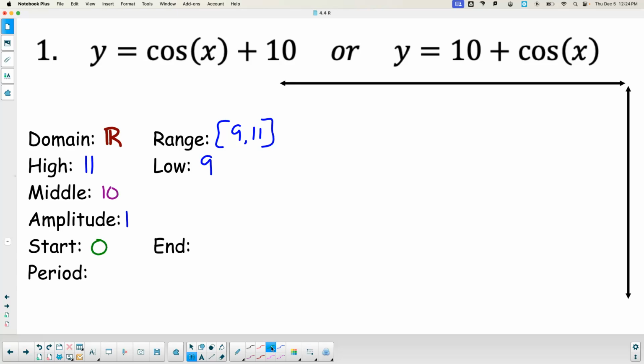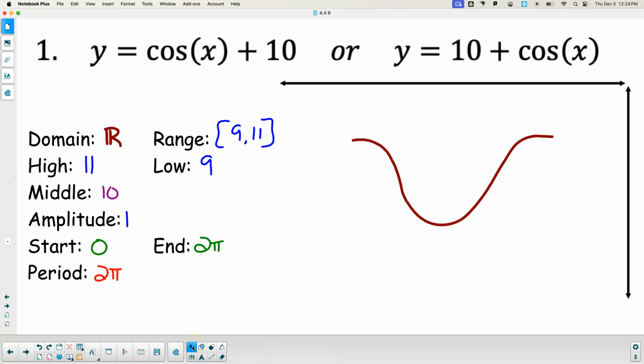This one started at 0. This one had a period of 2 pi, which means this one also ends at 2 pi. Normal cosine curve. But here's the kicker.